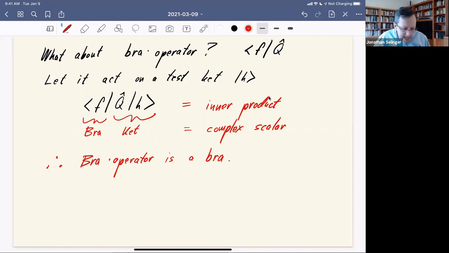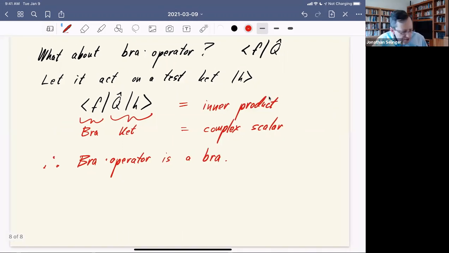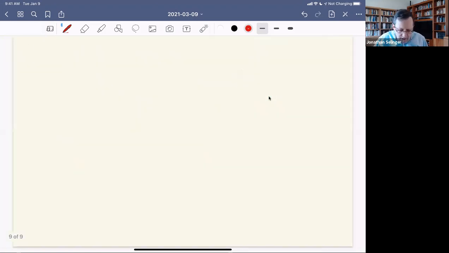And it makes an alternative notation for quantum mechanics. So to see that, let's work in a basis for the wave functions.